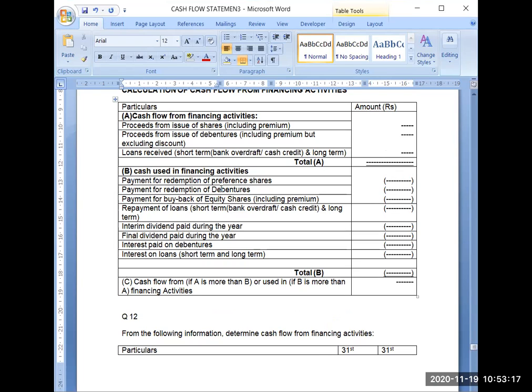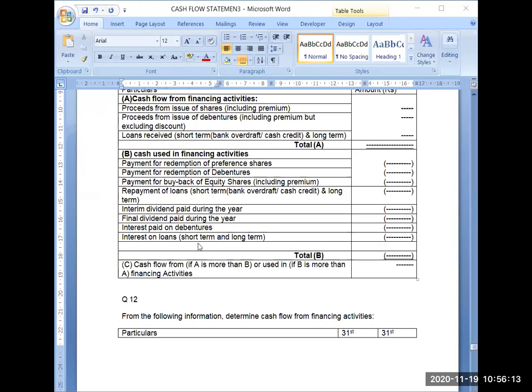You are returning the amount of bank overdraft or cash credit or any term loan, mortgage loan, public deposit. These all will be covered in financing activity. You might be paying the interim dividend, you might have paid the final dividend, or you are paying interest on any loans or debentures, that will also be a part of financing activity.